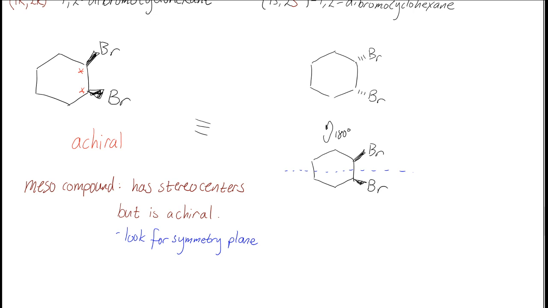And that's the clue that this is a meso compound. So meso compounds occur when the symmetry of the molecule is such that when the stereocenters are in a particular configuration, it now has mirror symmetry throughout. And if it has bilateral mirror symmetry, like people do, it can't be chiral, because its mirror image is always going to be the same.